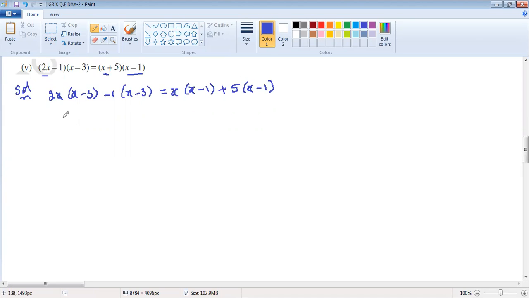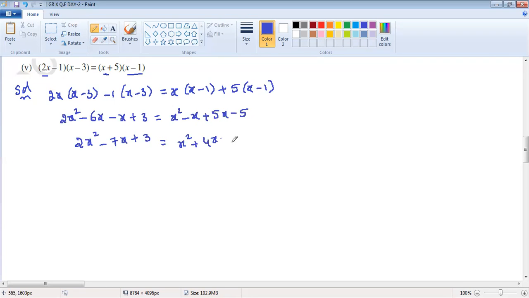So 2x into x is 2x square, minus 6x, minus 1 into x is minus x, plus 3, which is equal to x into x is x square, minus x, plus 5x minus 5. So 2x square minus 7x plus 3 is equal to x square plus 4x minus 5.